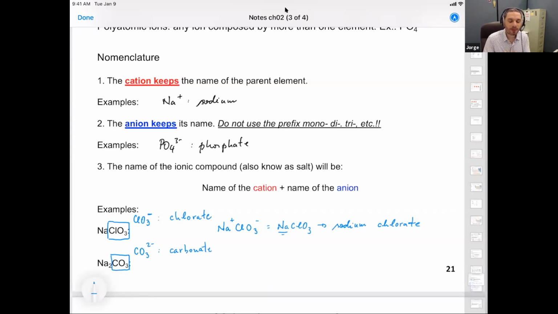Because carbonate has a charge of 2 minus, someone has to combine with this oxoanion to balance out the charge. And in this case, we are going to combine this anion with sodium plus. So I'm going to write like that, and carbonate 2 minus. You can use the same idea that you used for simple ionic salts.